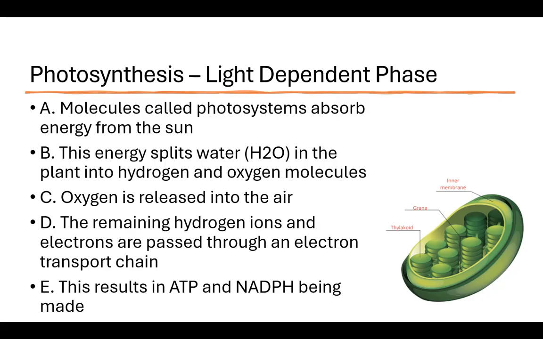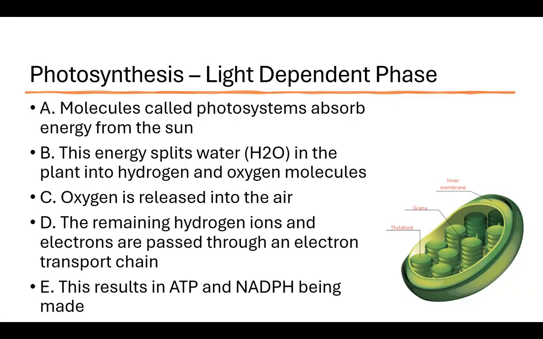Okay, so during this light-dependent phase, the first phase of photosynthesis, molecules called photosystems absorb energy from the sun. This energy then splits your H2O into hydrogen and oxygen molecules. So it's splitting the water apart, and oxygen is released into the air.